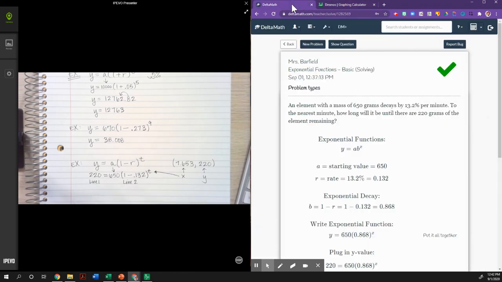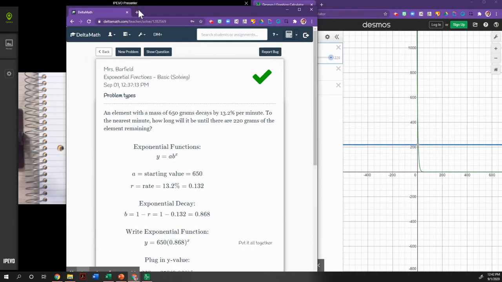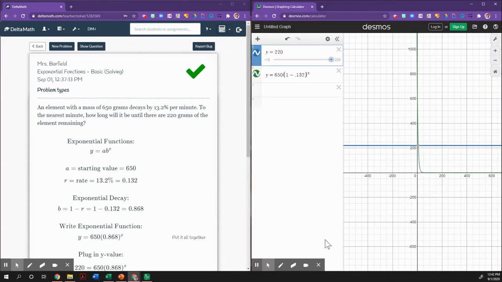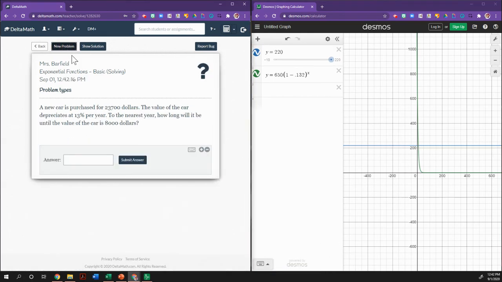All right, so now let's take Delta Math, let's scoot it over here, pull up Desmos. Let's do a new problem. It says a new car was purchased for $23,700. The value of the car depreciates at 13% per year. To the nearest year, how long will it be until the value of the car is $8,000?